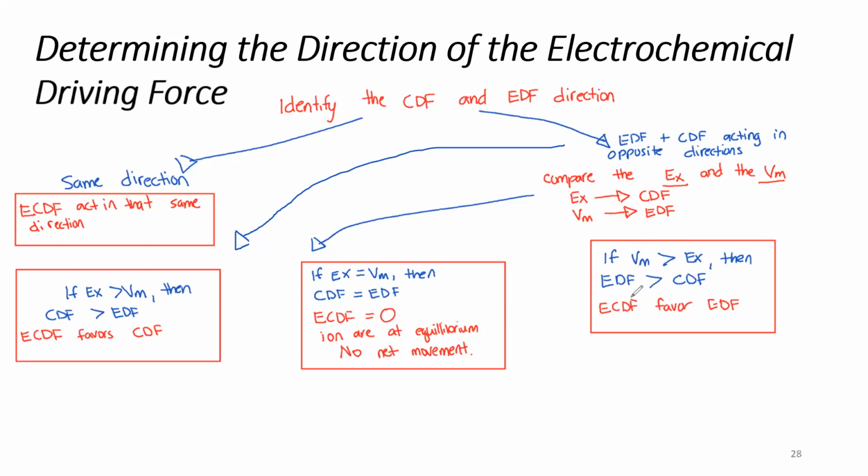The electrical driving force, which tends to favor the membrane potential, is going to be greater than the chemical driving force. And so the overall movement, or the ECDF, will favor the electrical driving force, okay? So these are the three scenarios that we talked about if the forces were in opposite directions, and how we determine the overall movement of those particles.